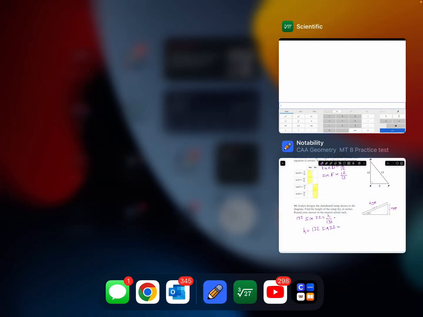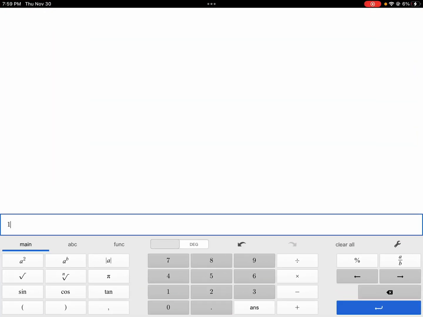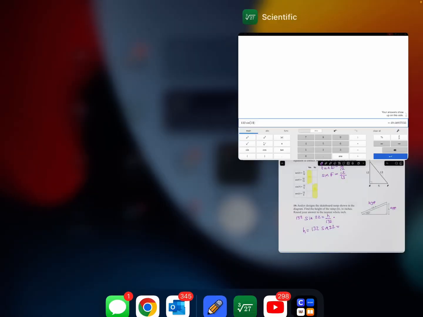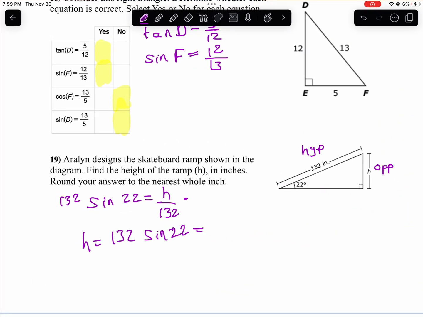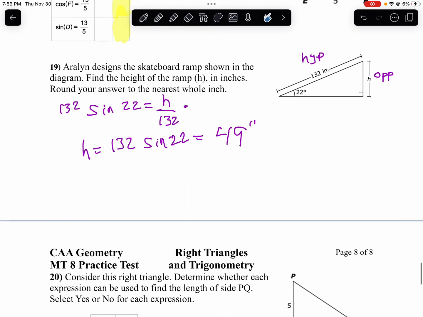So we take 132 times the sine of 22, and that's 49.4, but we're going to round to the nearest inch, so that's going to be 49 inches. And there we have problem 19.